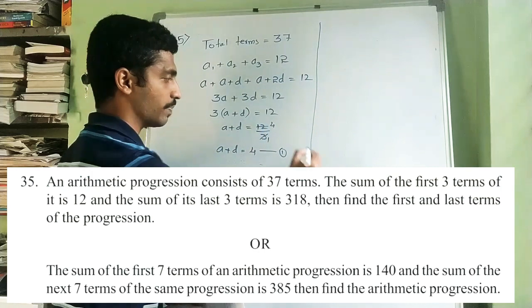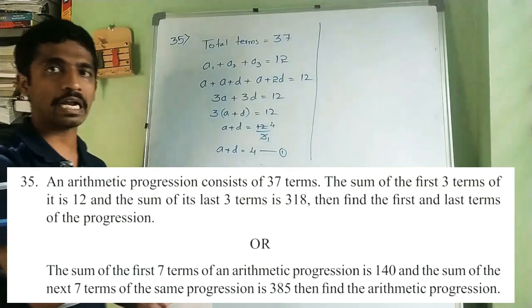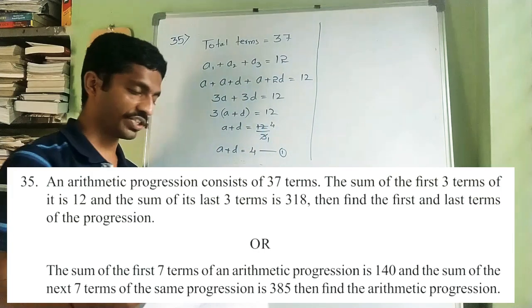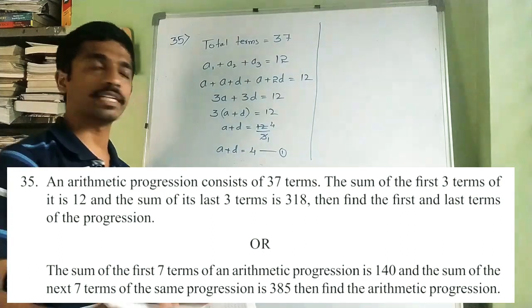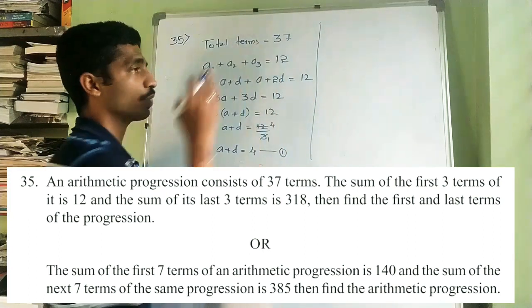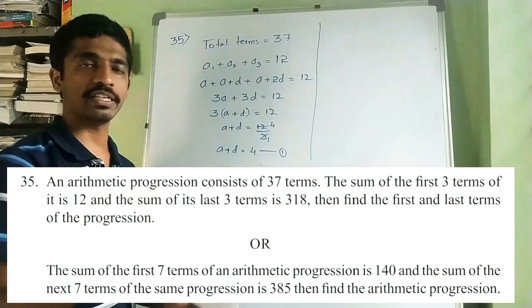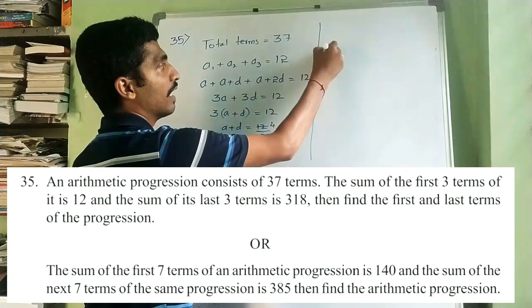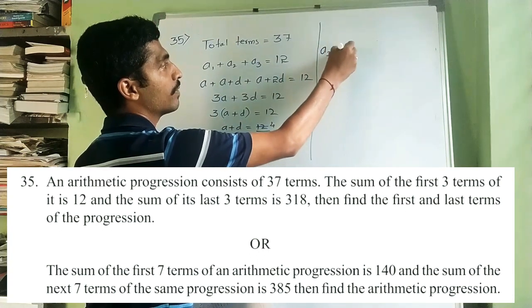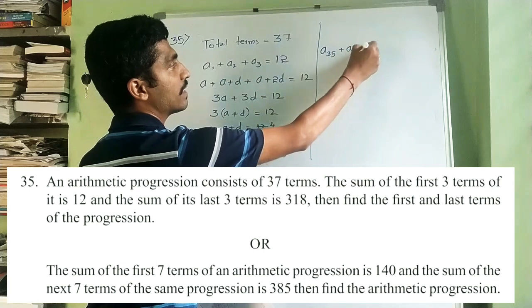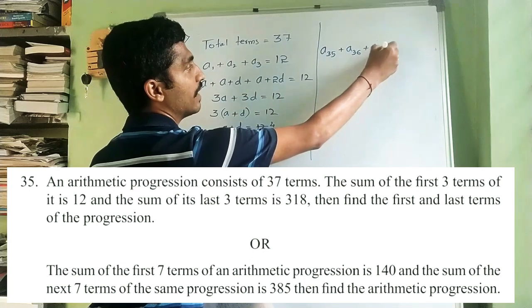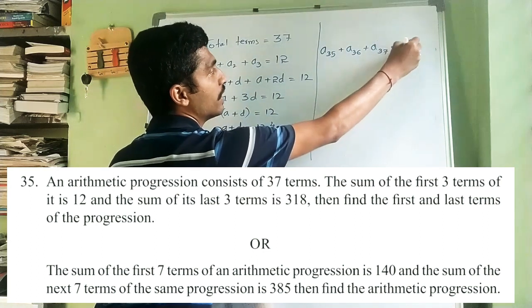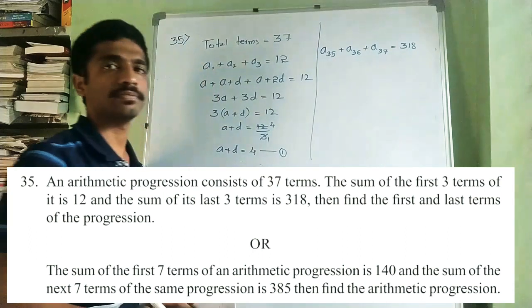Okay, due to space problem, I will solve here only alternately. So next condition, the sum of last 3 terms. Last 3 terms means what? So total 37 is there. So last 3 terms means A35, A36, A37 equal to how much? 318, they given.